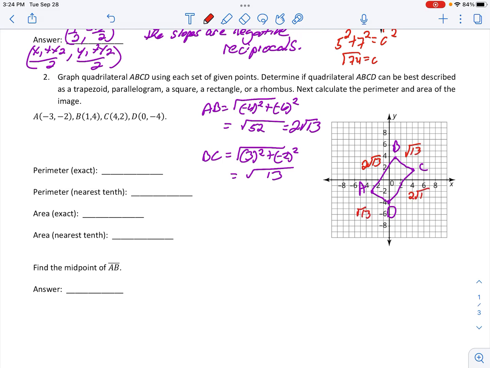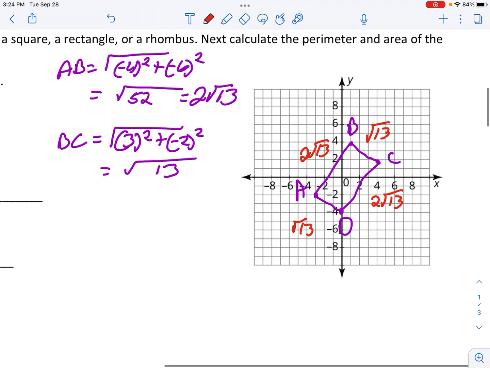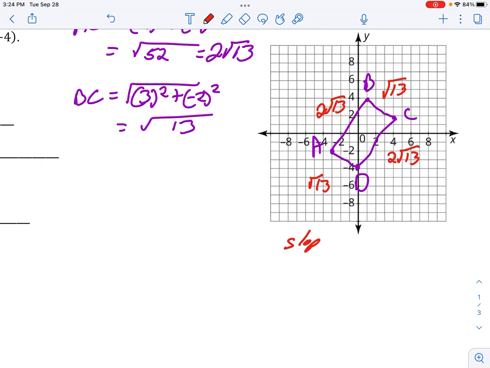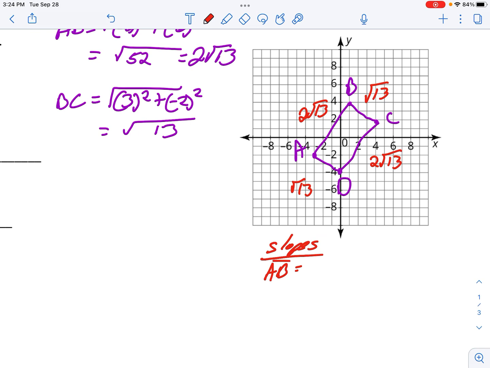So right now, it definitely appears we're on the right track for rectangle, but we need to also talk about those slopes. The adjacent sides need to be opposite reciprocals. So find me the slopes for those sides. So for AB, rise over run, okay?